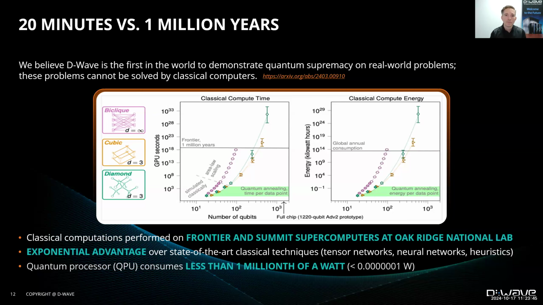As a matter of fact, John Hopfield and Geoffrey Hinton, who just won the Nobel Prize in Physics for their work in neural networks and the way that they behave, the Hopfield network is actually the same as the architecture of our annealing quantum processors. And the bipartite graph is this purple graph on the top left here, that we chose as one of the structures studied precisely because it has relevance to neural networks and specifically quantum neural networks.